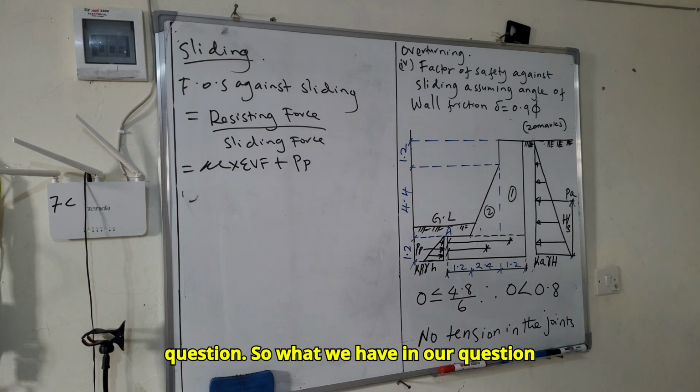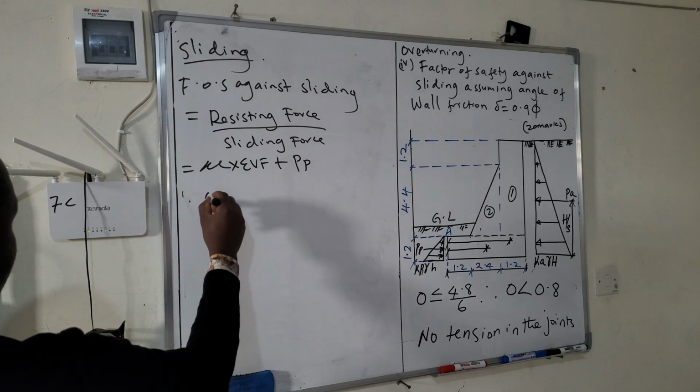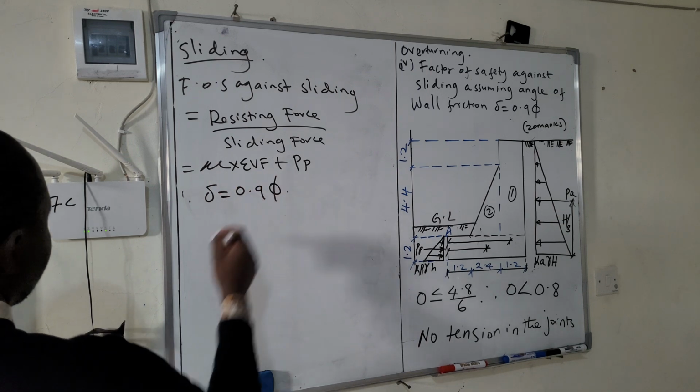So what we have in our question is the angle of wall friction, which is given by 0.9 phi.